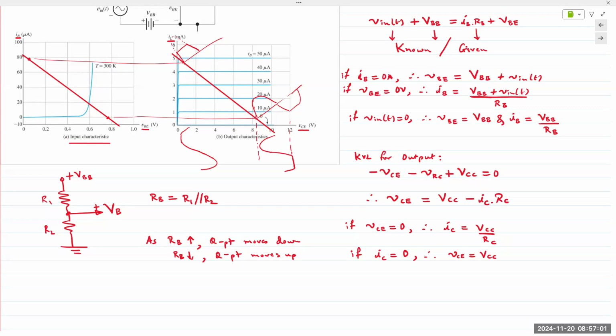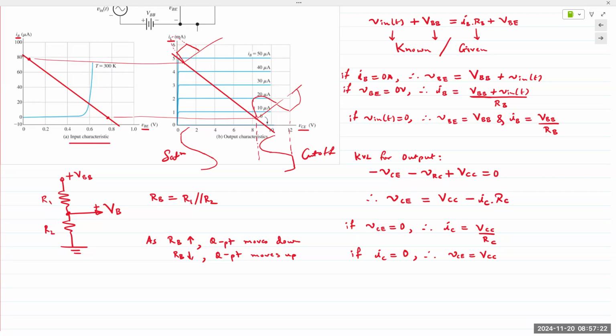This distortion happens because of that. That's why biasing is important. We want to bias the transistor in the middle of the active region.